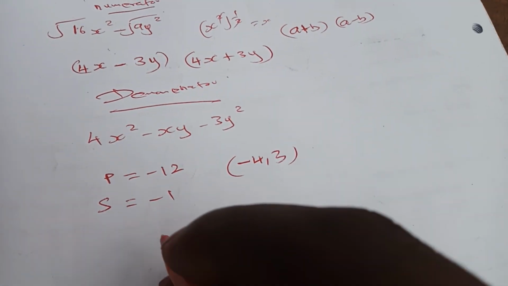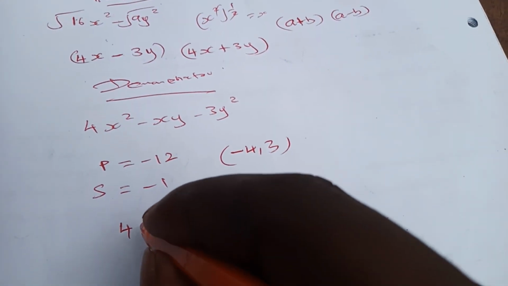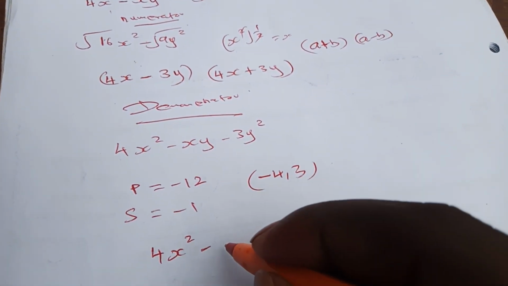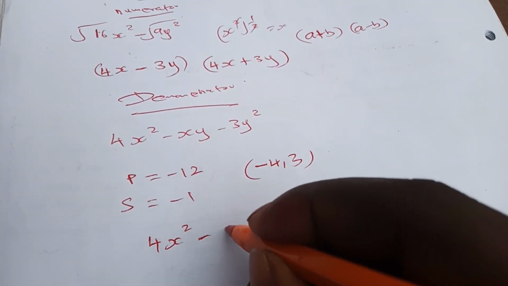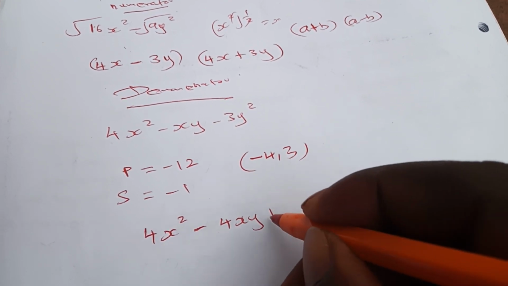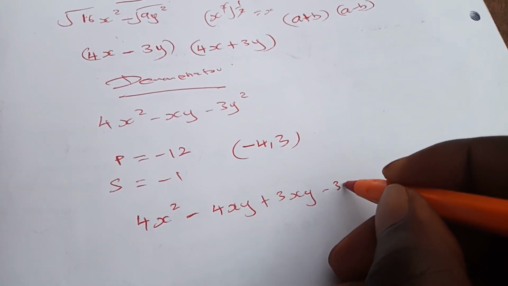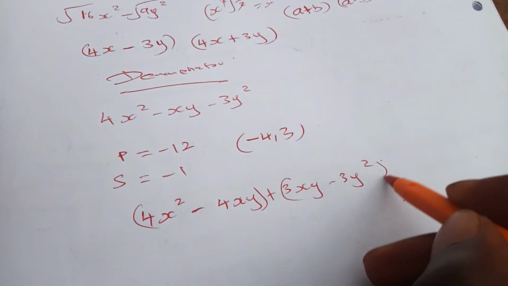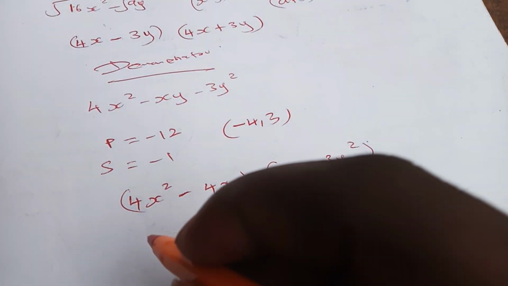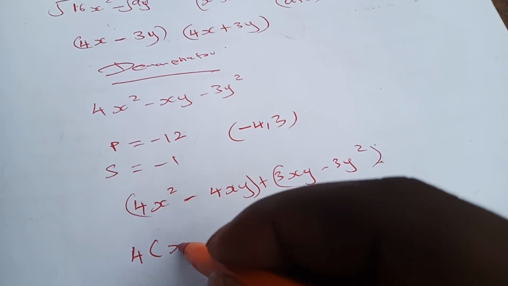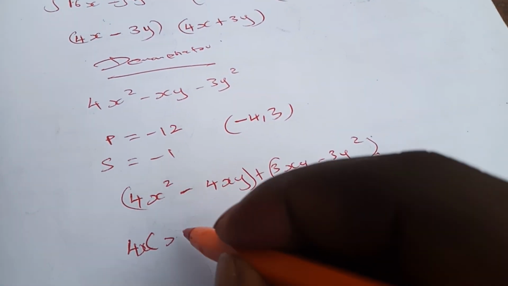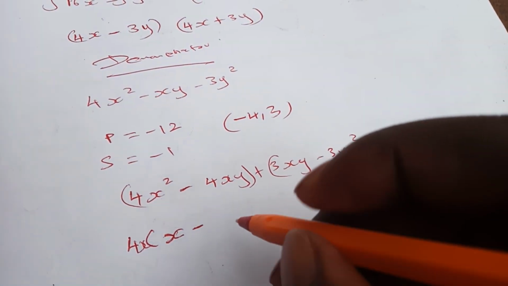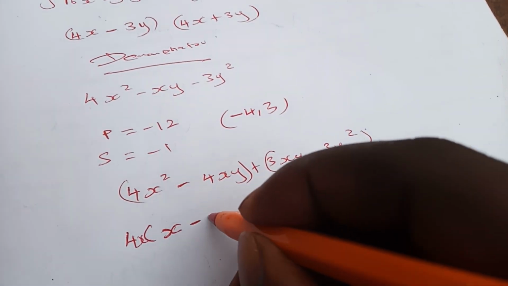So I substitute in. I'm going to have 4x squared minus 4xy plus 3xy minus 3y squared. I pair them into 2. If I factor out the most occurring value here, it will be 4x, so I remain with x minus y.